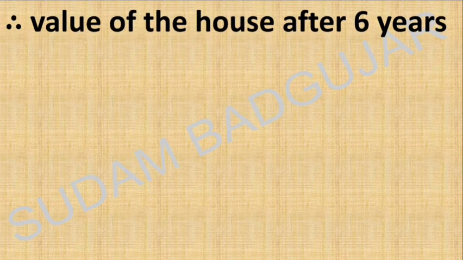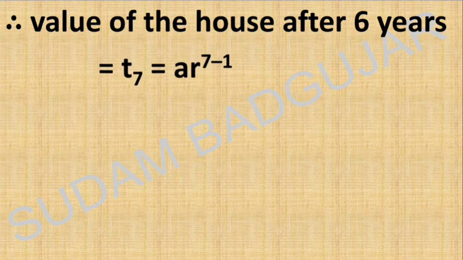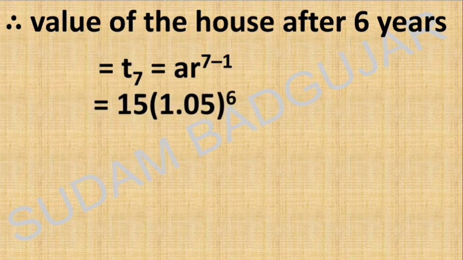The value of the house after 6 years is equal to T7, and we have the formula Tn is equal to A into R raised to n minus 1. So T7 is equal to A into R raised to 7 minus 1, means 6. Substitute the values here. What is A?